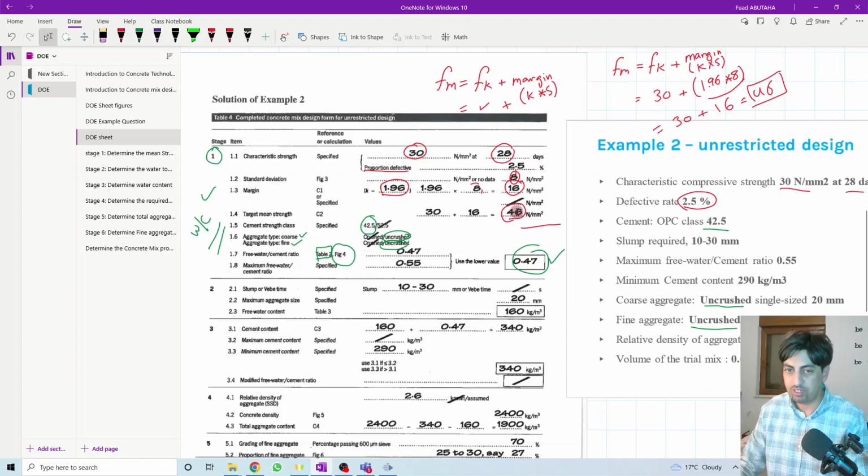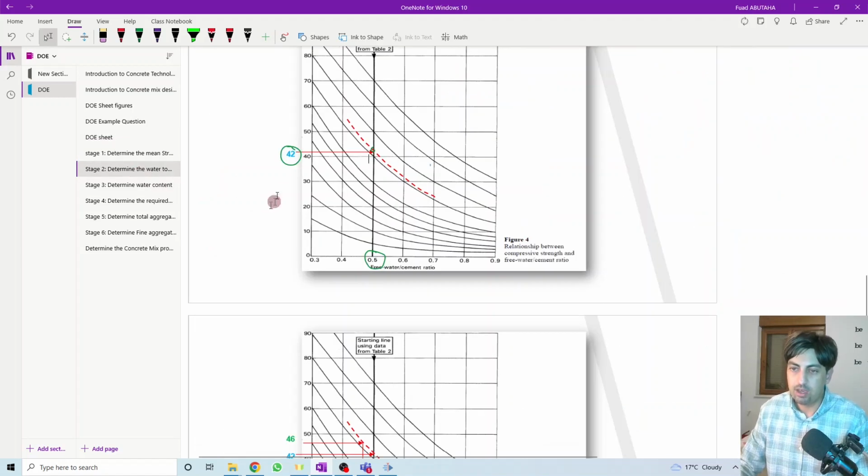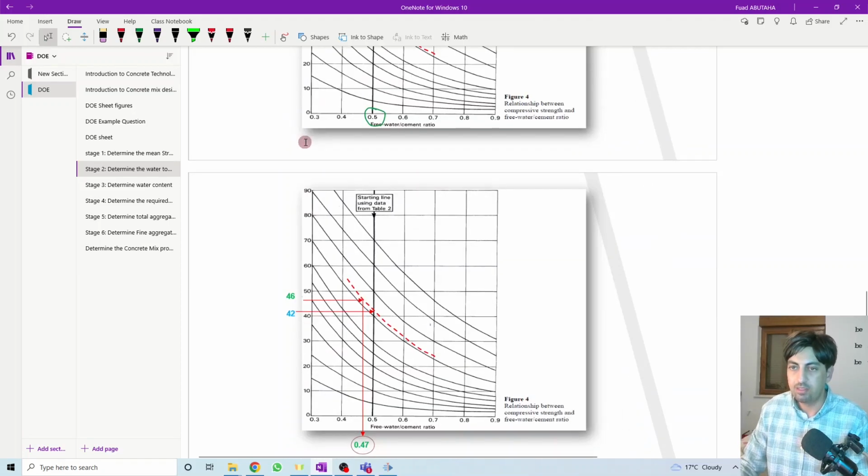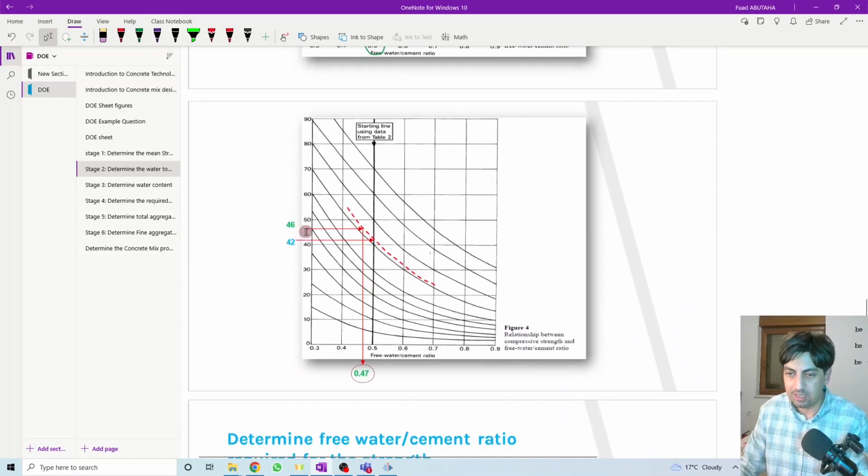This is our strength that we will use in the calculation, 46 megapascal. Then this is 42 at 0.5, but our target mean strength is 46. Then we go from 46 here, we go back, we use our new line, then we go down.